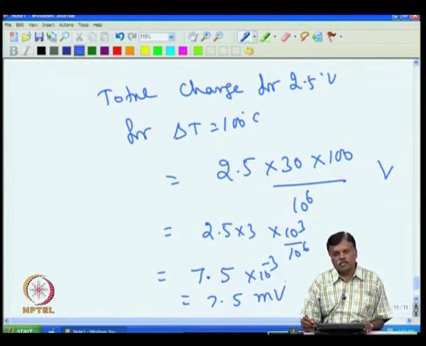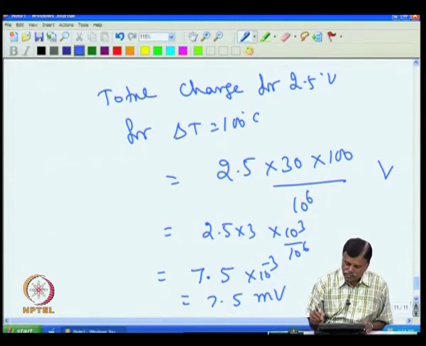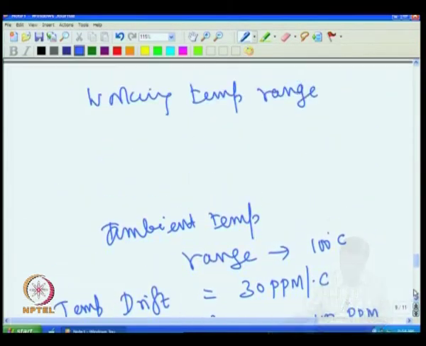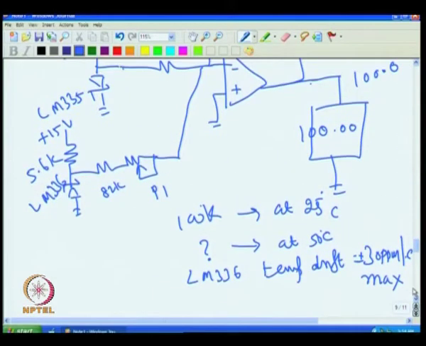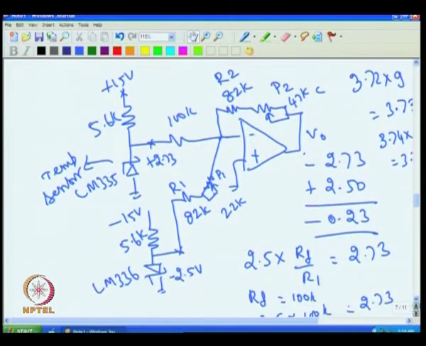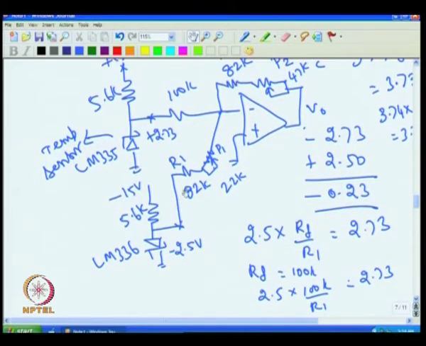That means the Zener temperature will change in this case. When room temperature changes, the voltage at this point will change by 7.5 millivolt, and we had seen that this and this produce a gain.